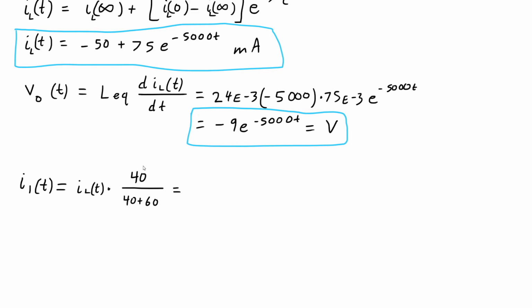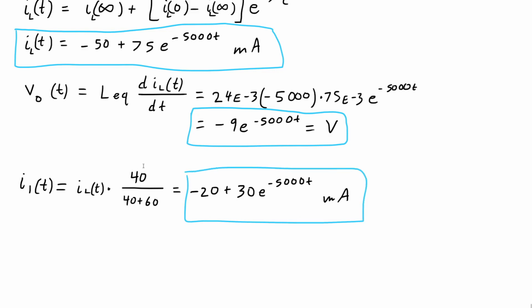That's going to be 40% of IL. So what is 40% of IL? Let's see, 50 times 0.4 is 20. So minus 20 plus 0.4 times 75 is 30. And we're not going to worry about the exponent because it won't be changed. Milliamps.